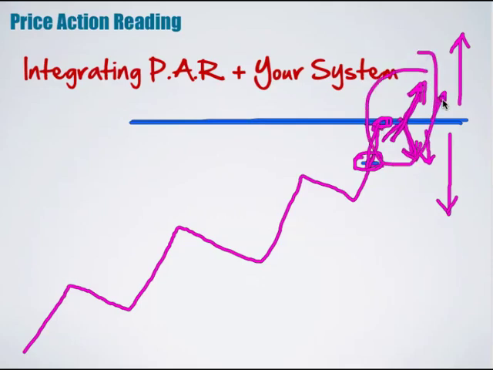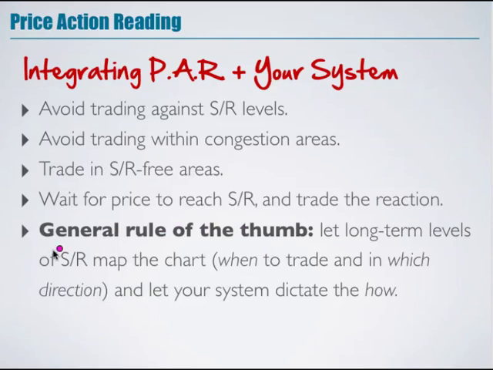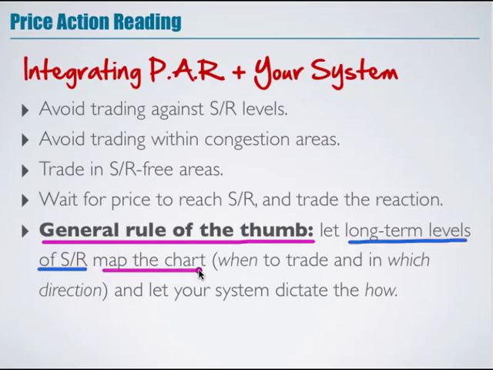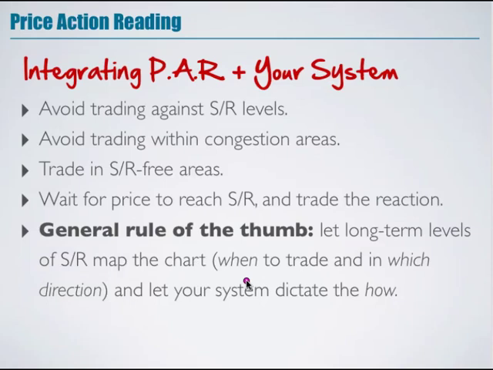So I guess what I'm trying to get down to is that, as a general rule of thumb, you want to let the long-term levels of support and resistance map the chart. Now that means that those levels of support and resistance should tell you when to trade, all right? When to trade, and at the same time also tell you in which direction to trade, right?